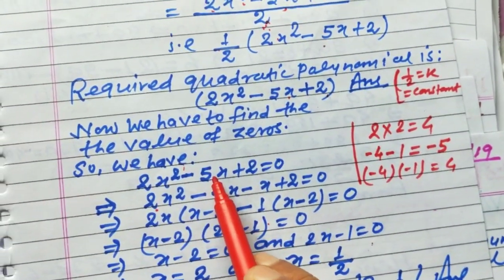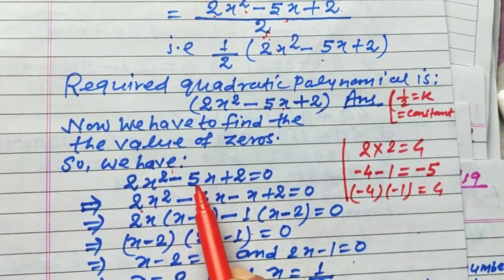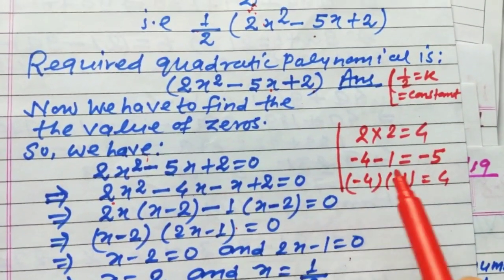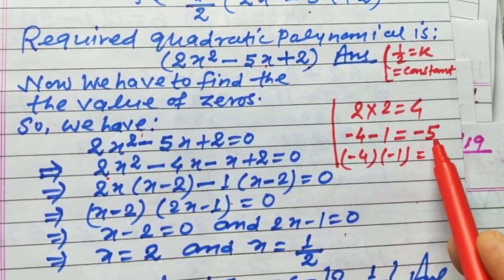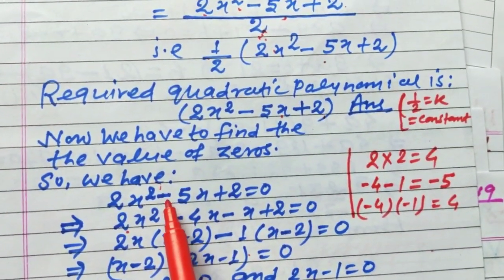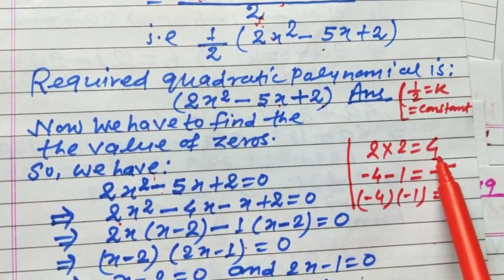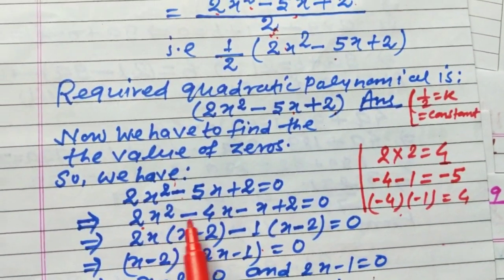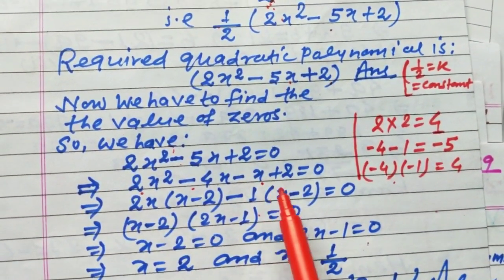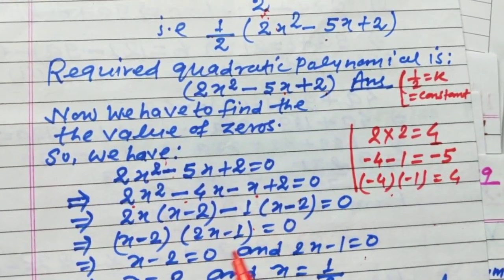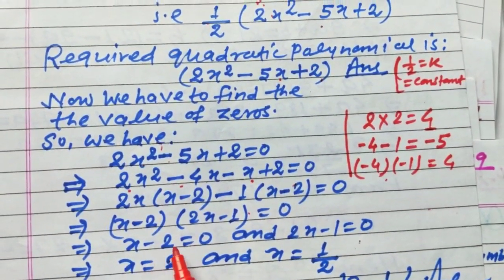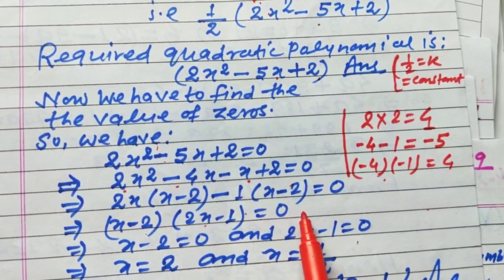So we have to divide the middle term into two parts such that their sum is equal to minus 5 and product is equal to 4. So we have done it, minus 4x minus x and plus 2. Now factorize it, it will be equal to x minus 2 and 2x minus 1 is equal to 0.